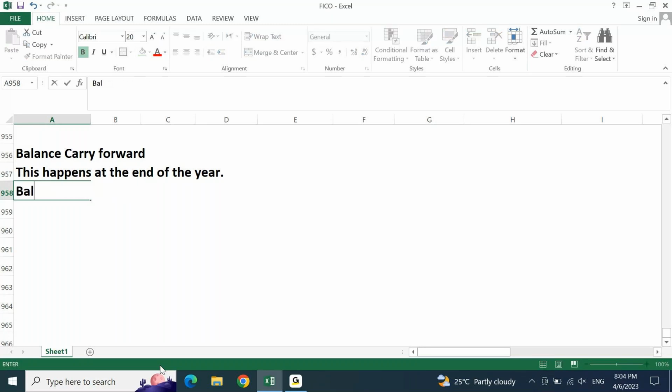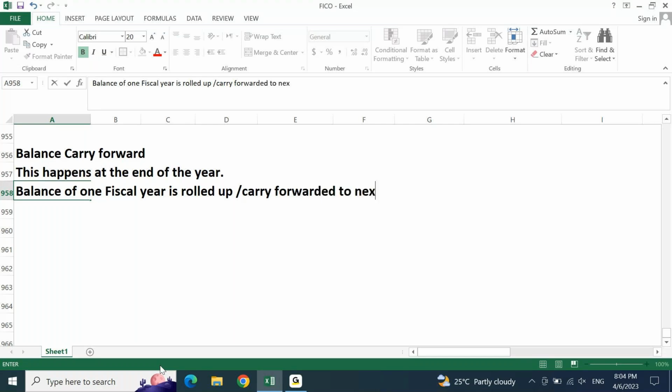Balance of one fiscal year is rolled up or carry forwarded to the next fiscal year. From 1 year to the next year, your balances will get updated.